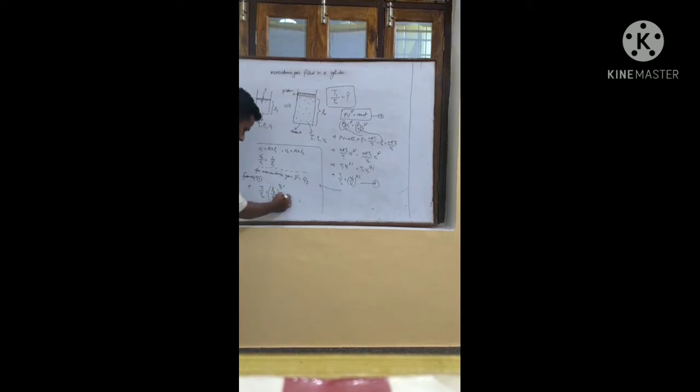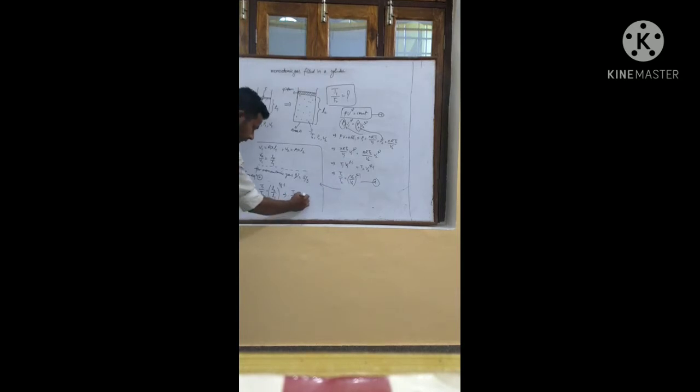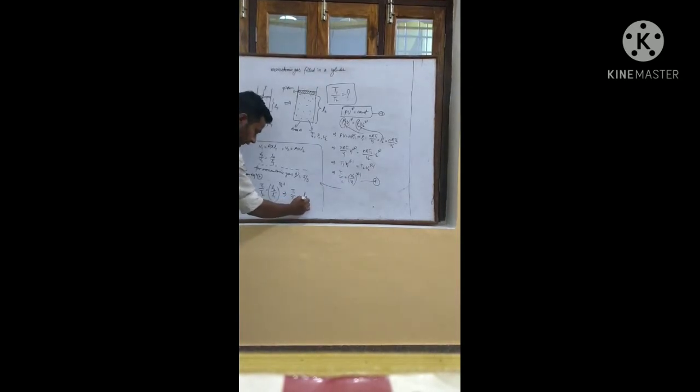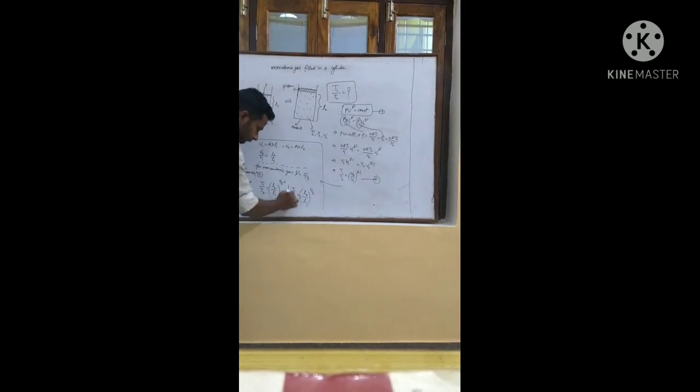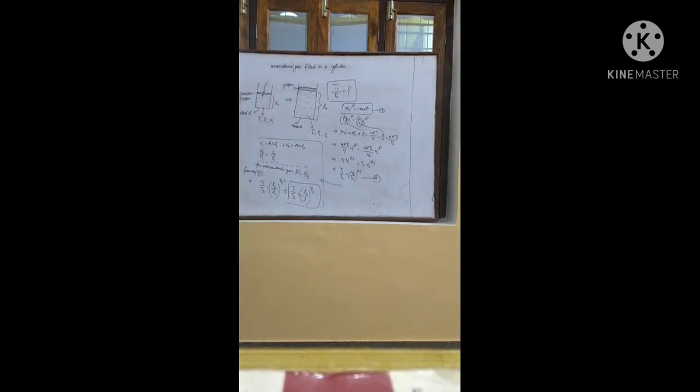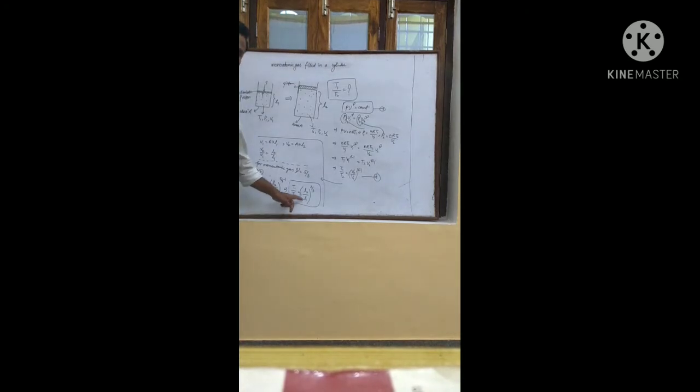So you will get T1 divided by T2 is equal to L2 divided by L1 to the whole power 2 by 3. This is your answer.